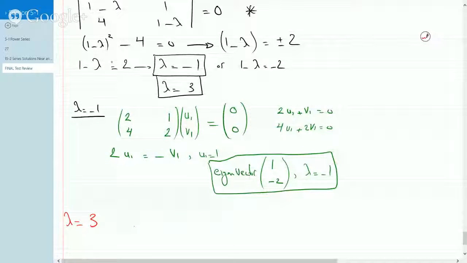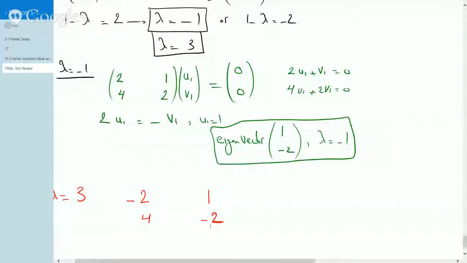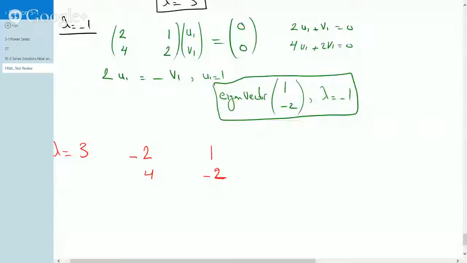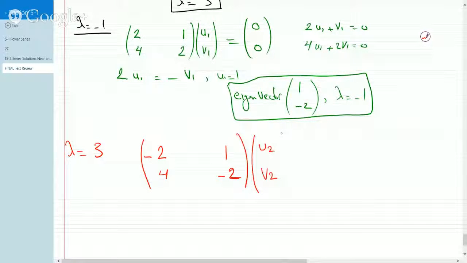So 1 minus 3 is minus 2, 1, 4, 1 minus 3 is minus 2. And now we're going to multiply it by our second eigenvector. Let's call it u2, v2. And we're going to set this equal to 0, 0.